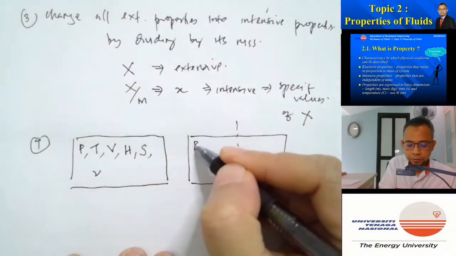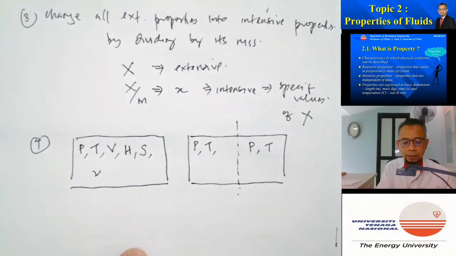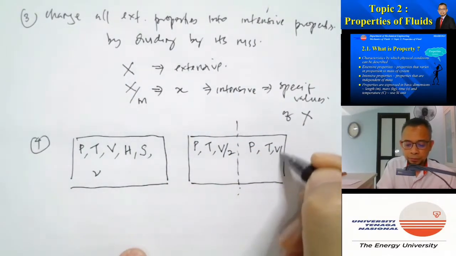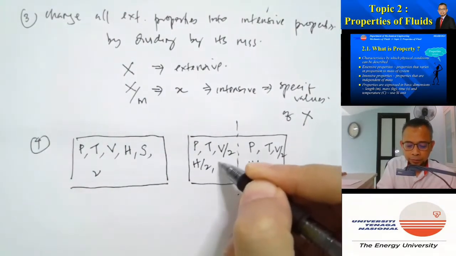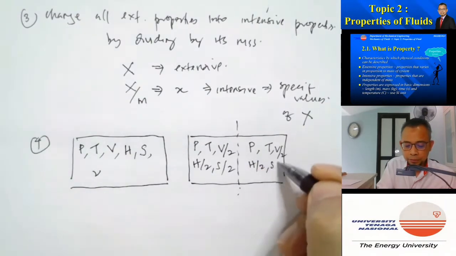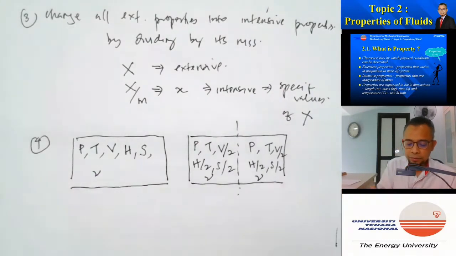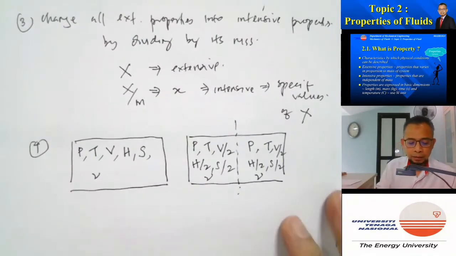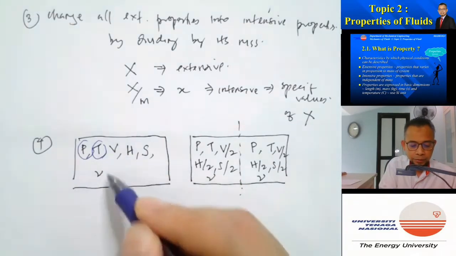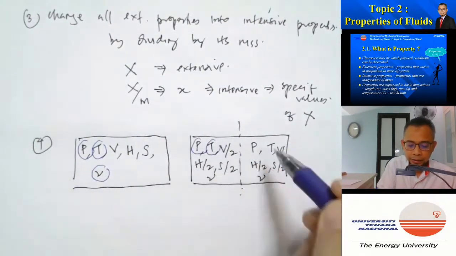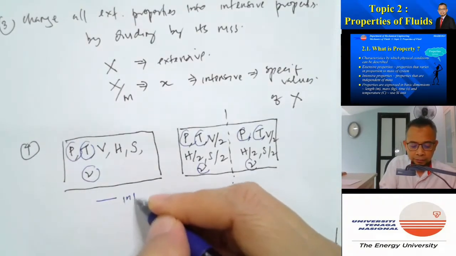Pressure will still remain the same on both parts. Temperature will also remain the same on both parts. Volume, of course, will be divided into two. Enthalpy also will be divided into two. Entropy also will be divided into two. A specific volume, which we have already divided by the mass, will still be the same. So the properties which are independent of the mass, which are the pressure, temperature, and specific volume, these are the intensive properties.